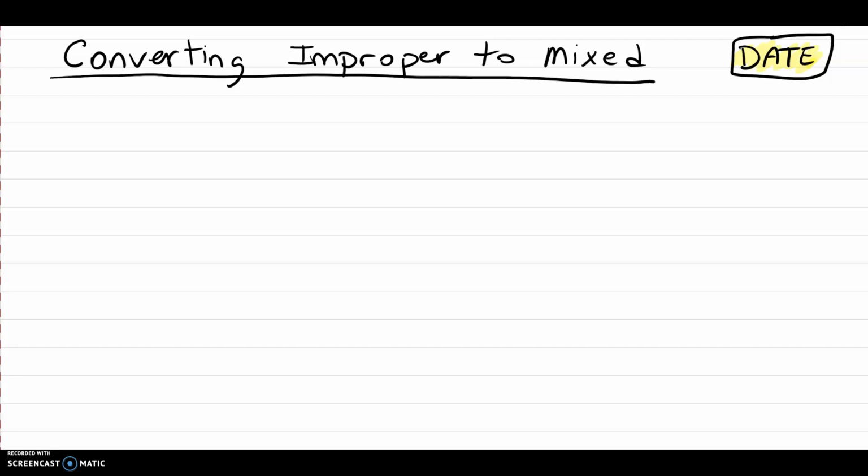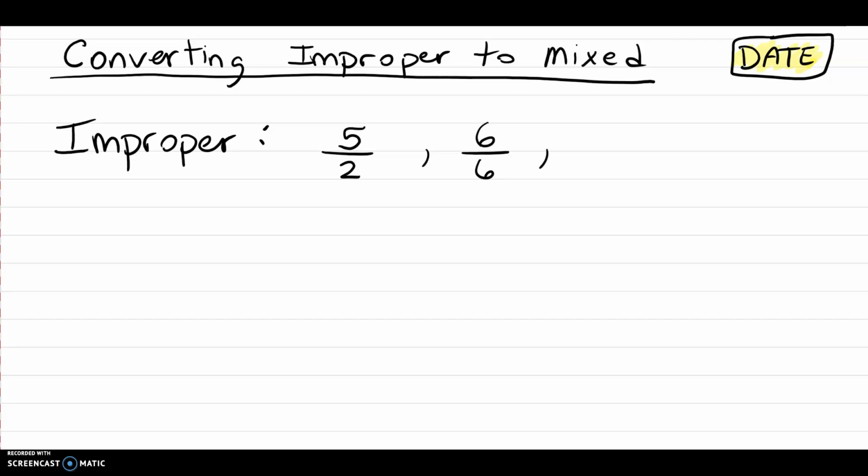So remember, improper fractions look like the following. It's when your denominator is either bigger than your numerator or the same as the numerator. So any numbers where the numerator is larger than the denominator or equal to the denominator are considered improper.